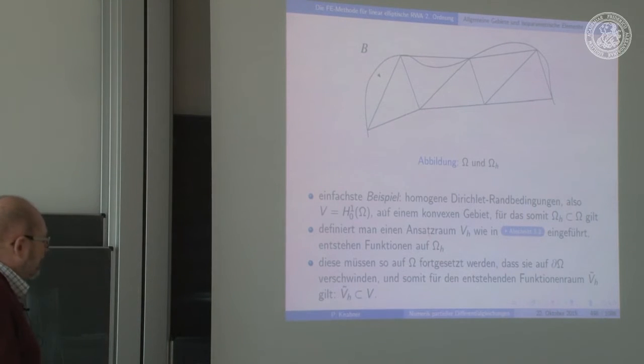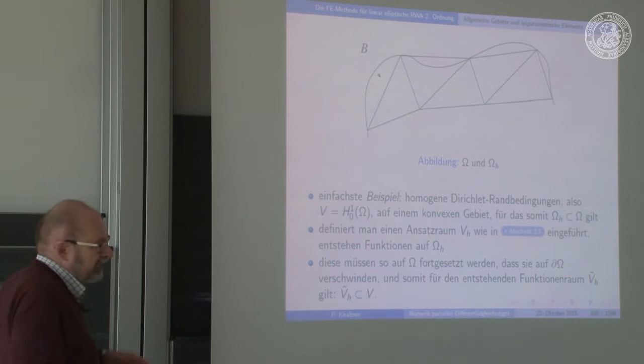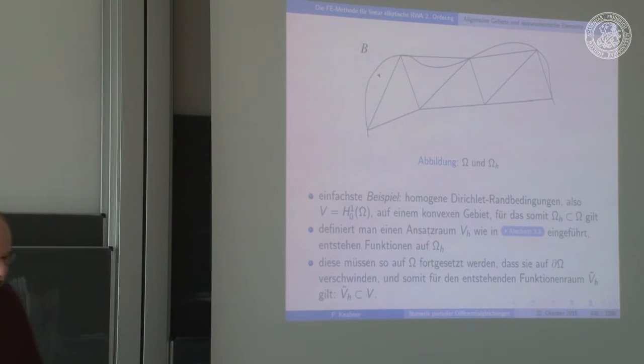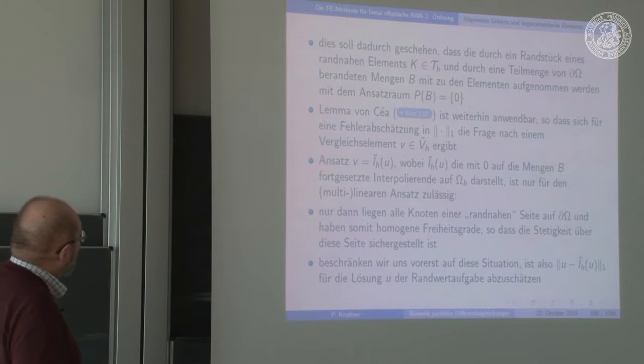We get now an extended function space VH tilde, which is a subset of V. But of course, what is left is the question: how is it with the approximation power of a comparison element? What can we show for the interpolation operator?